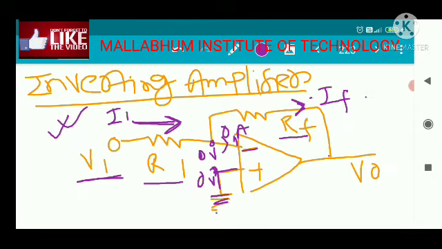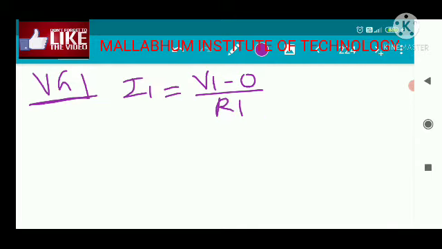So what is the value of IF? Current is flowing from 0 volt to V0. We have assumed that direction, so IF equals 0 minus V0 divided by RF. Okay, so this is the current flowing through the feedback resistance IF.